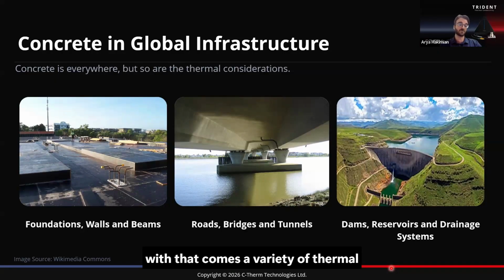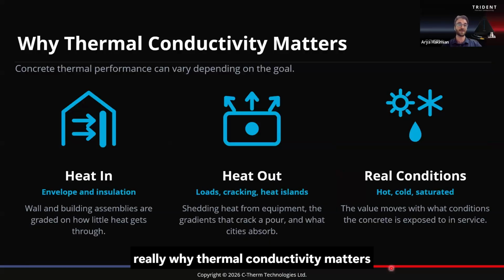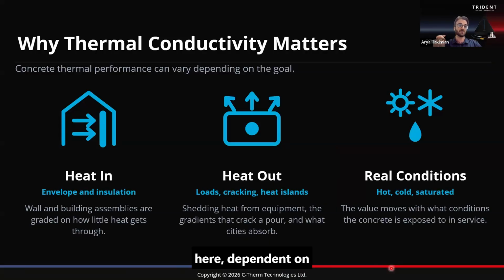But with that comes a variety of thermal considerations, sometimes specifically related to the use of the application space. Sometimes it's more so used to help quantify the mechanical strength or the tangential relationship between the thermal and mechanical properties. But in terms of the thermal performance and really why thermal conductivity matters here, it's dependent on what your goal is.